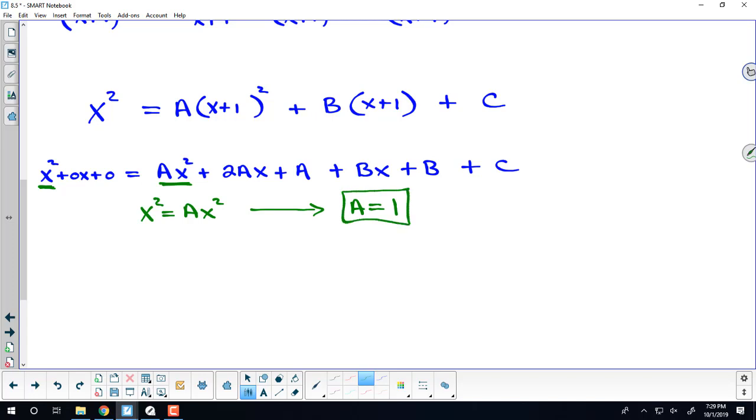We'll equate the x terms, 2Ax and Bx, with the 0x. Which means that 2A plus B has to equal 0.